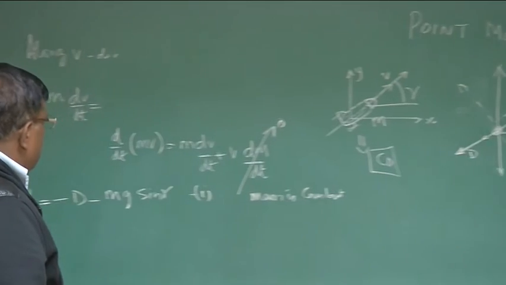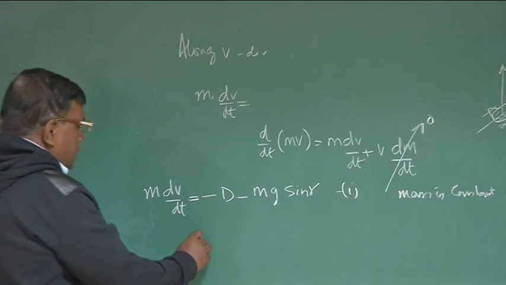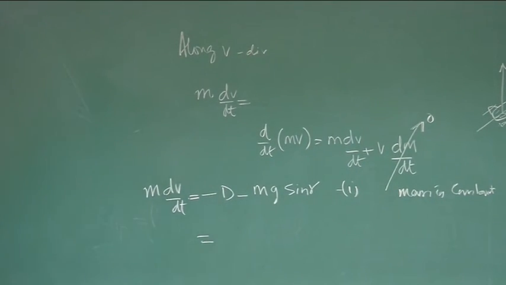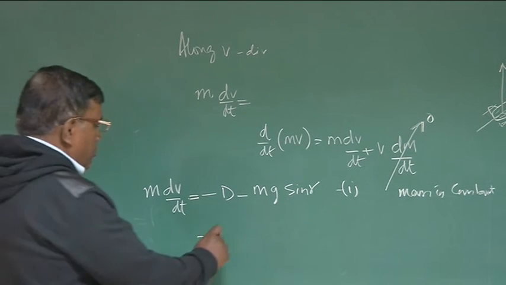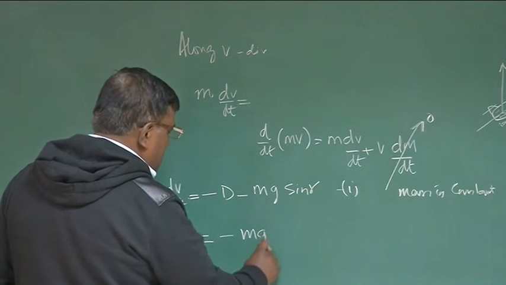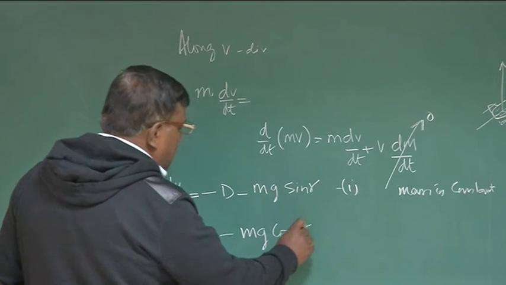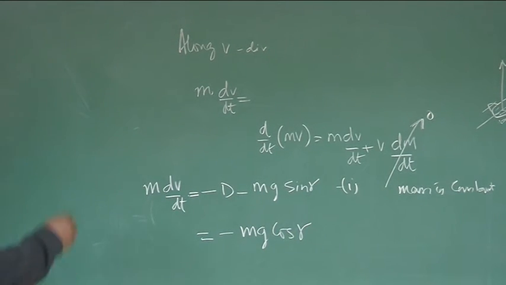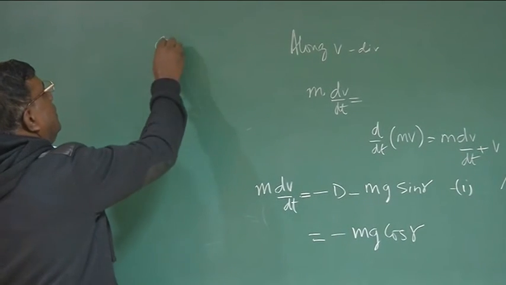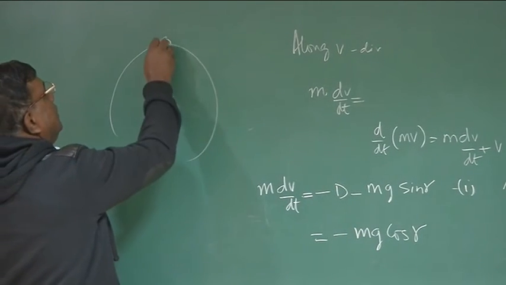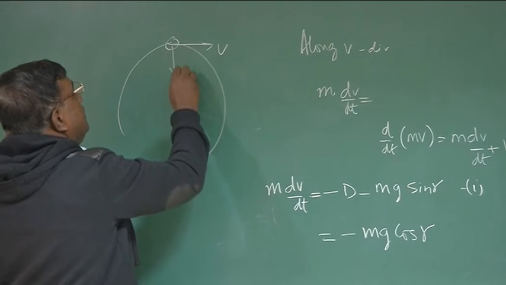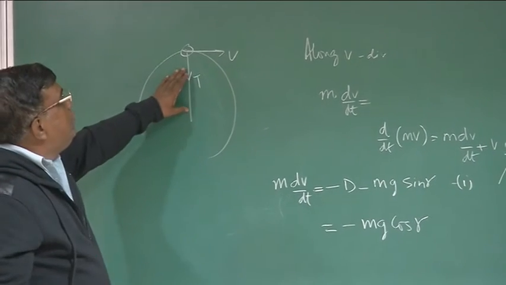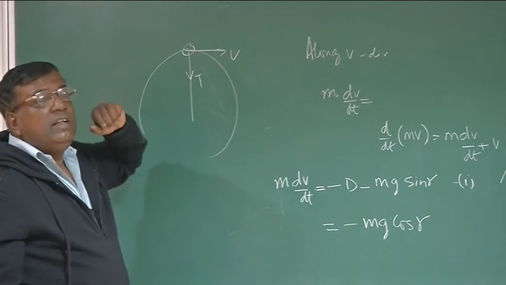So what will this equation be? Here, what are the forces acting perpendicular to v? It is minus mg cos gamma. And what is this causing? This is causing, you could understand, a circular motion. This is v, and this is tension. So this tension is perpendicular to v. So what sort of acceleration do you get?